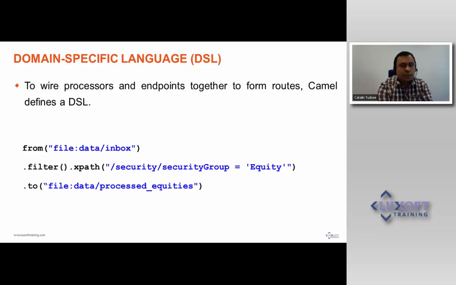This is something a little more extended than the simple from-to route that you have seen. Here, we would like to wire two endpoints to send data from here, from a folder, to another folder, but to filter it according to some condition.